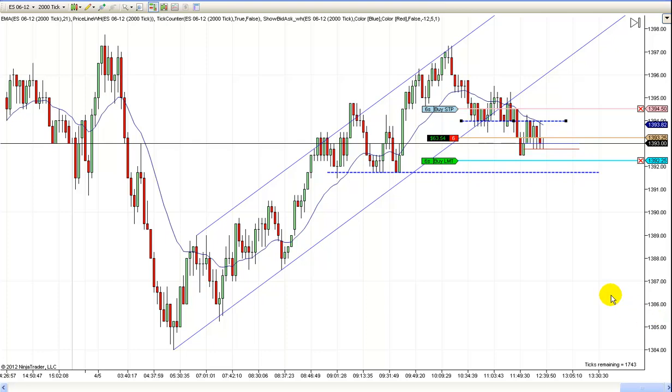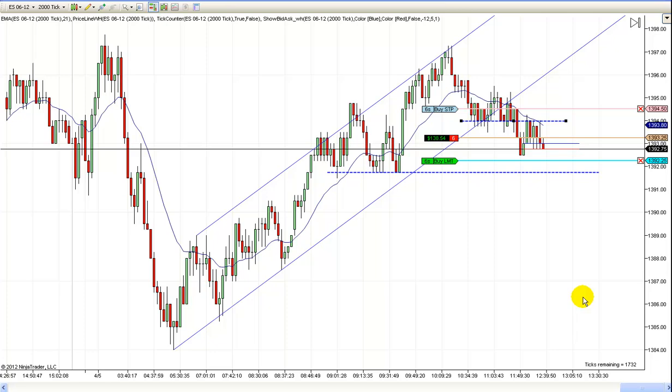But again, I really like the possibility of a long right here, and if I wasn't short already, I'd probably have an order sitting there, and I may put one there before it's over.